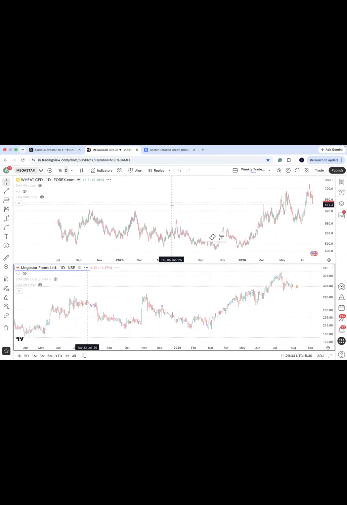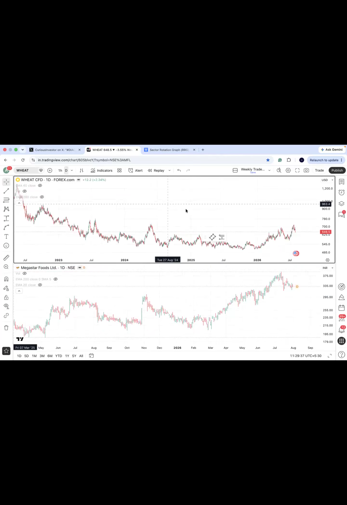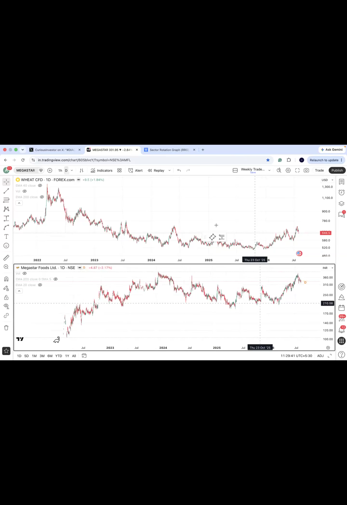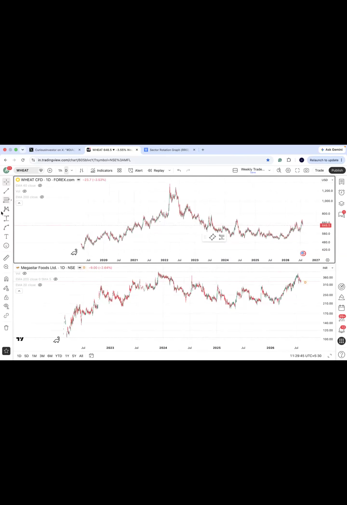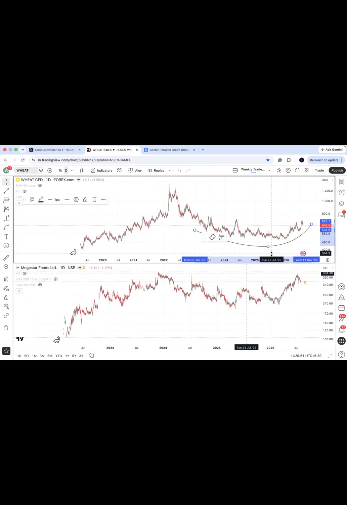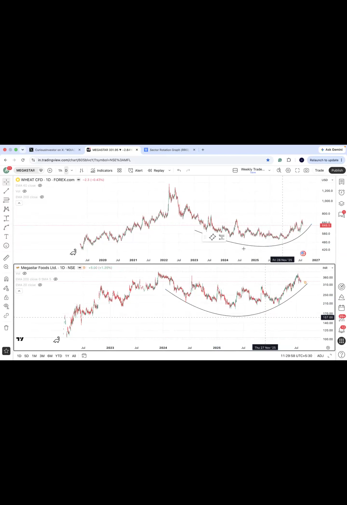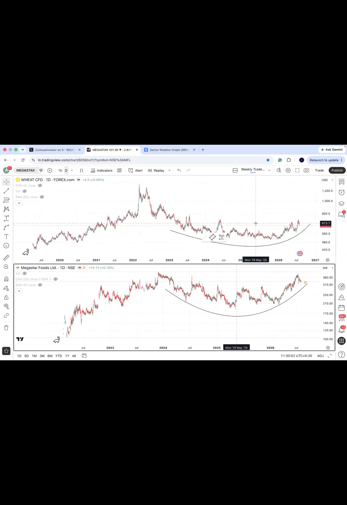I'm just looking at the daily chart of wheat, and I'll compare this. As I can see on the chart, it is making a rounding bottom, where a stage one accumulation is happening, and Megastar Foods also has a similar chart pattern formation compared to the wheat CFD.